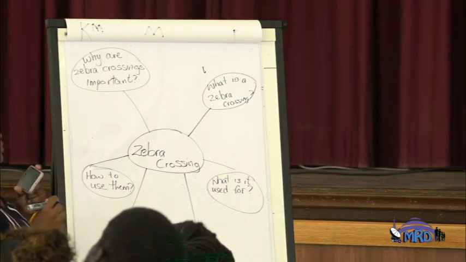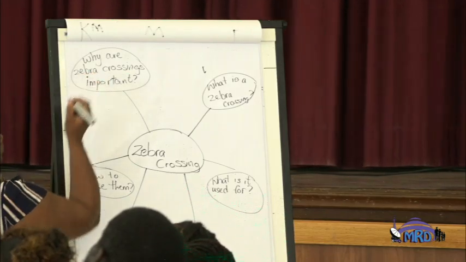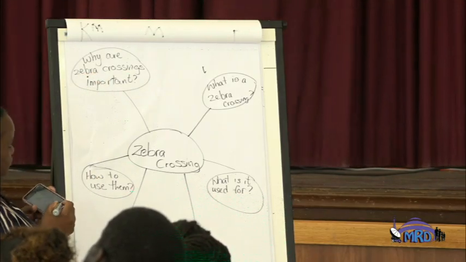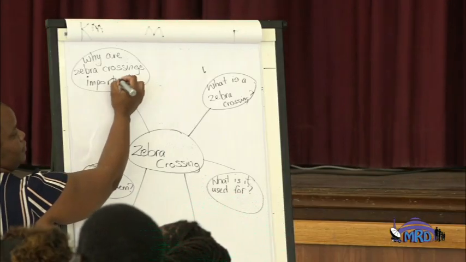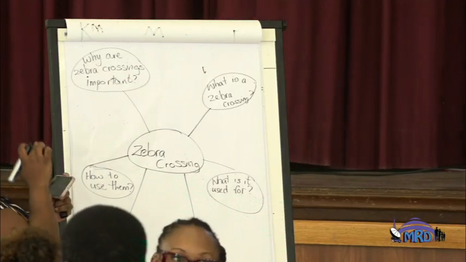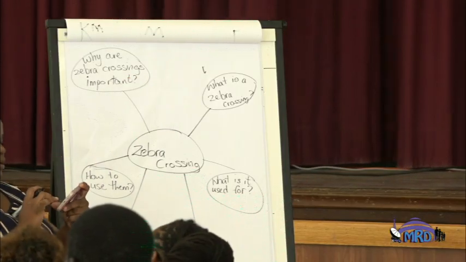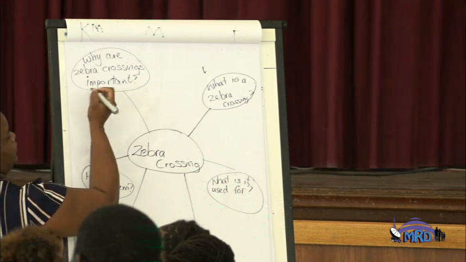why are they important? Why should we obey? Why are zebra crossings important, or why should the children themselves obey them? So we get to discuss maybe if there were no crossings, it would be difficult for students to cross. People would just drive without seeing them.